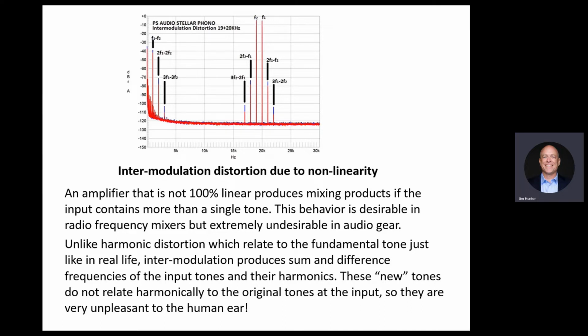Because harmonic tones, in general, are real-life phenomena. Like when you speak, you vibrate the wall and it comes back with 1 kilohertz, 2 kilohertz, 3 kilohertz because it vibrates. It's nonlinear. Okay, so we're used to that.